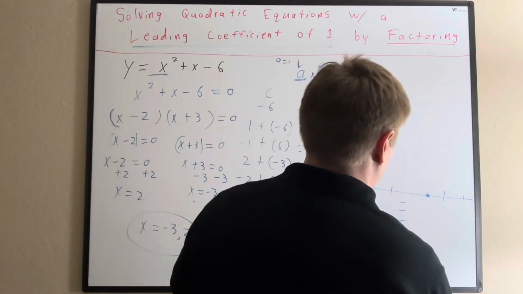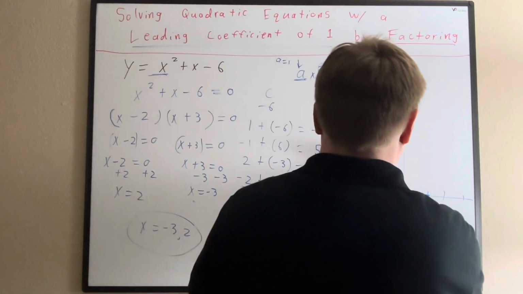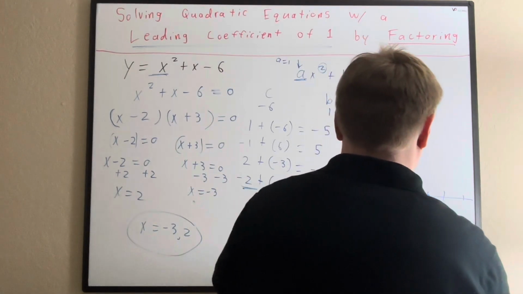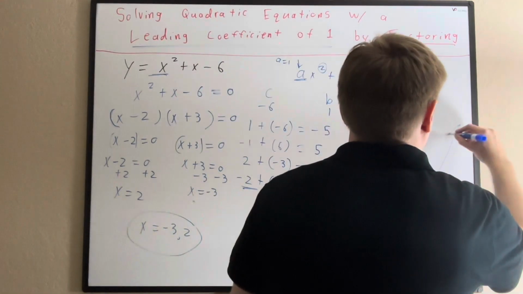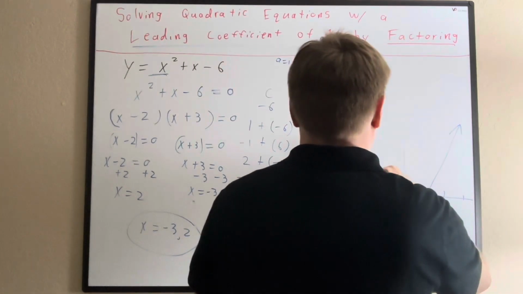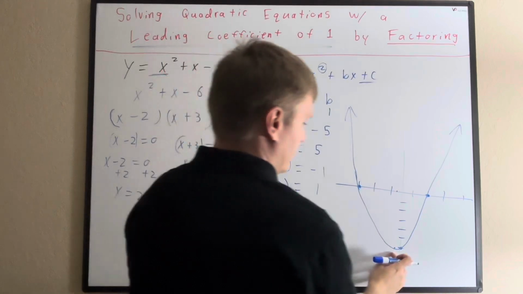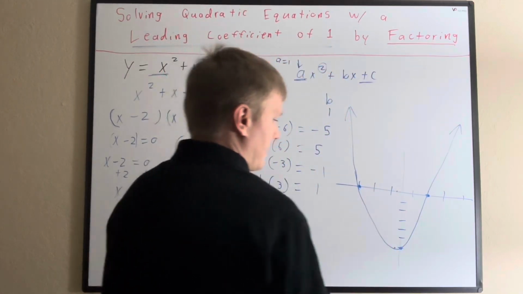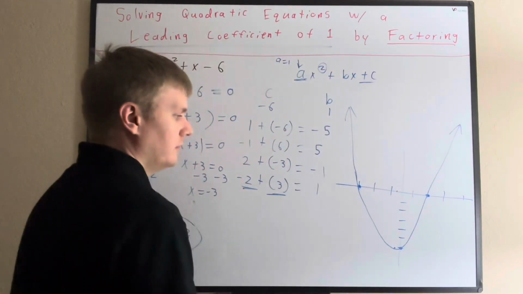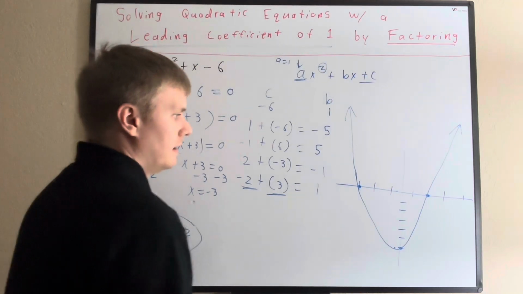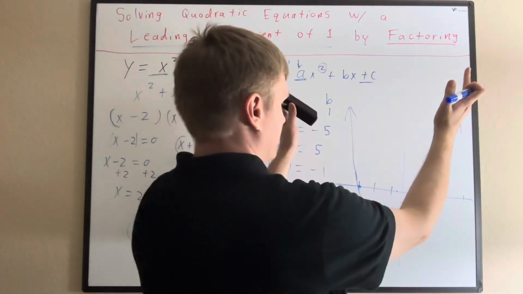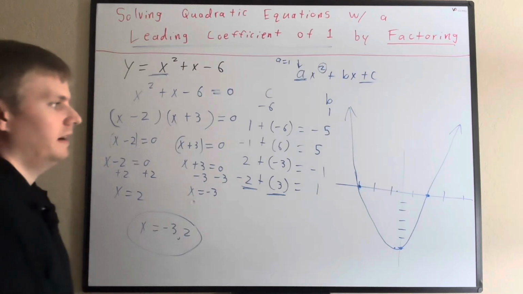So just say that's where that point is, that lowest point in the graph. It's very close to the median there. And there's your parabola.